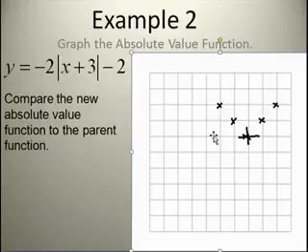So I'm first going to identify that my vertex is at -3, -2, and I'm going to start there. There's my vertex, and then I'm going to shift and shrink or stretch the rest of my points.